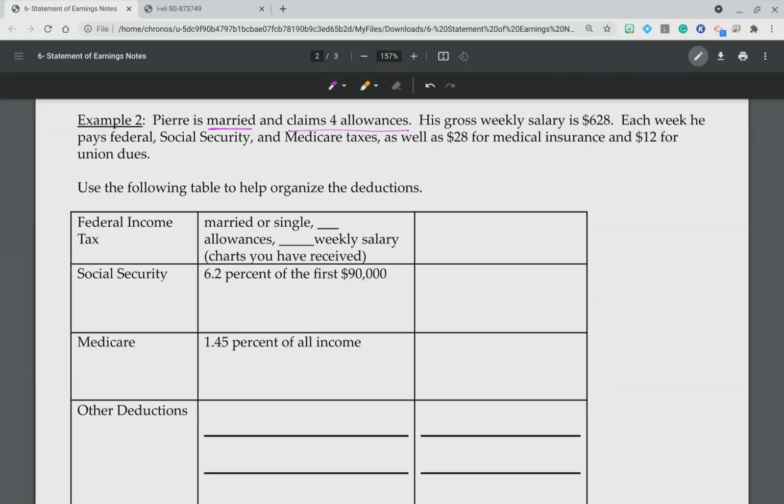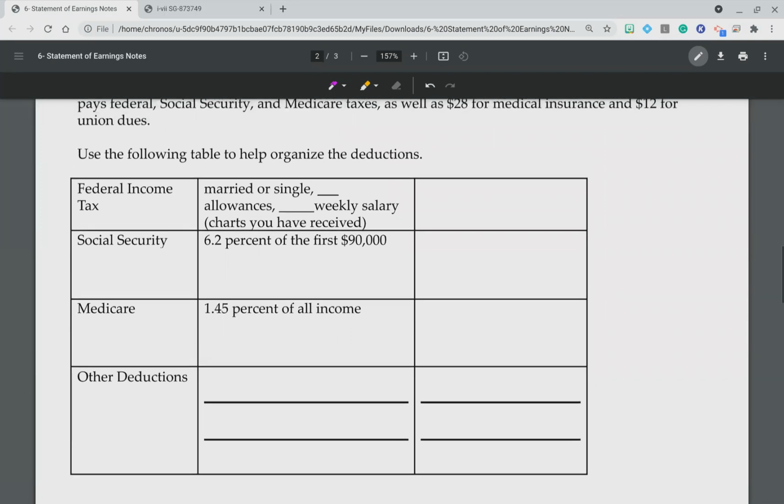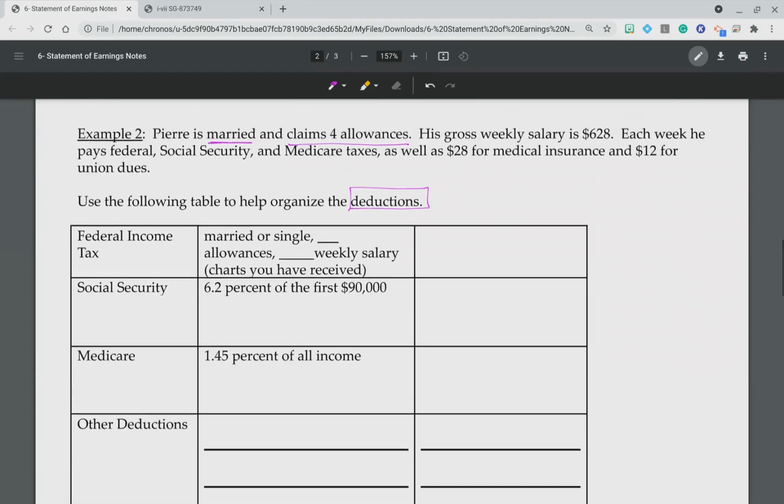Okay, so we have this broken down into a table here to figure out what our deductions are going to be. So we are finding our deductions.